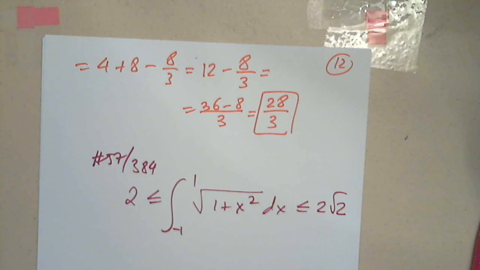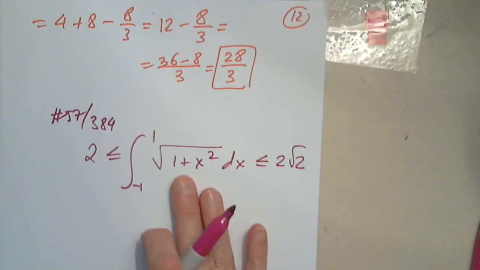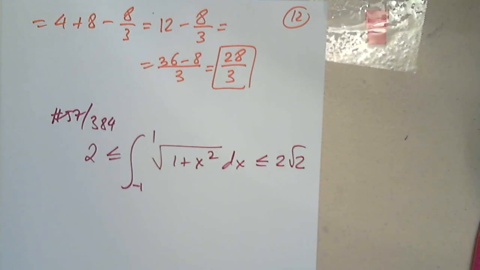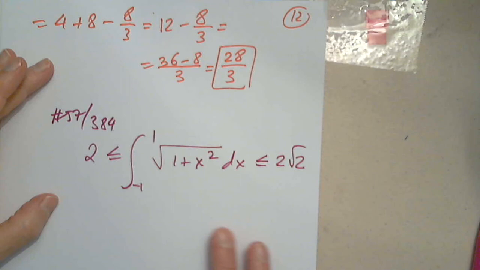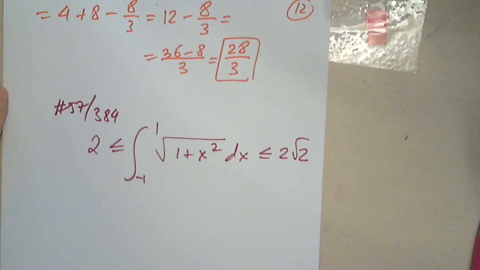We don't know how to calculate any such integral, but we're not asked to calculate the integral. We are only asked to use the properties of the definite integral to show that this is correct. That's all we want.